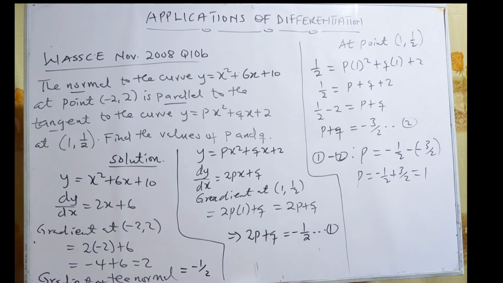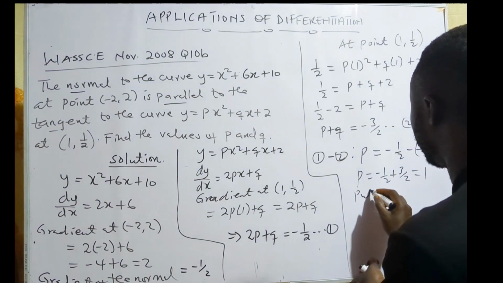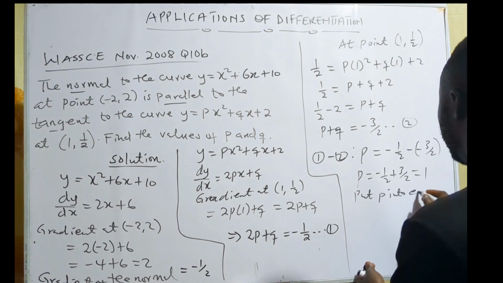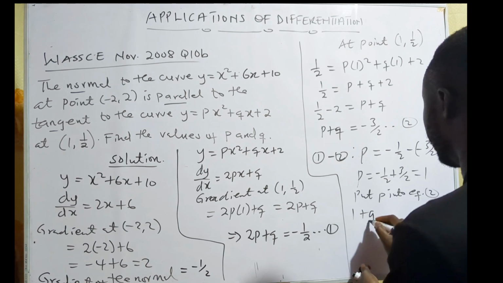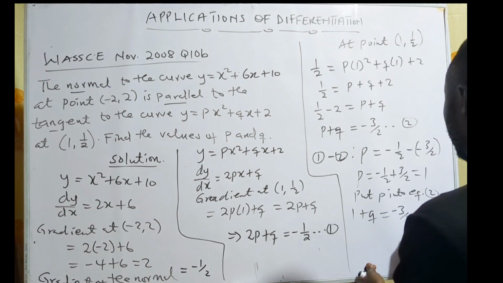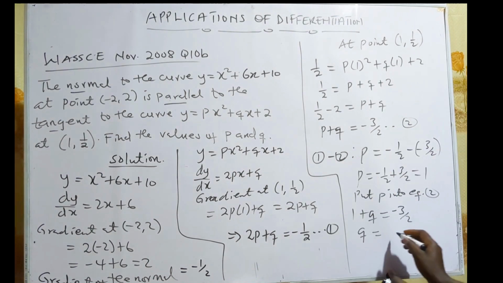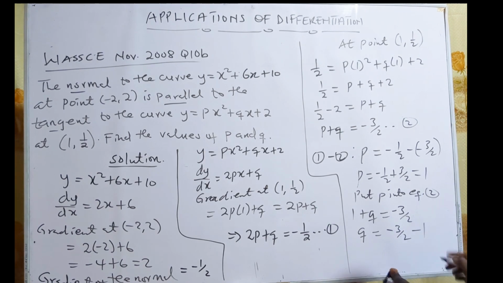Then how do I get my q? You can substitute into any of the equations. So put p into equation 2. Equation 2: p is 1, plus q equals minus 3 on 2. So my q is going to be minus 3 on 2 minus 1, which gives me minus 5 on 2.